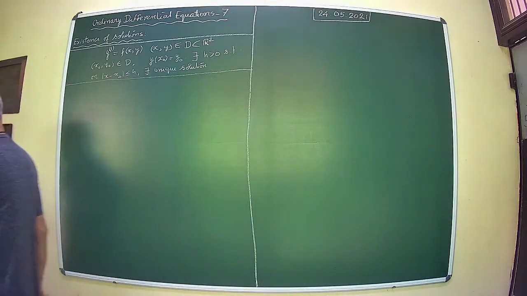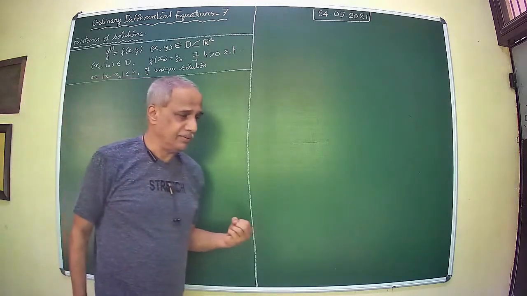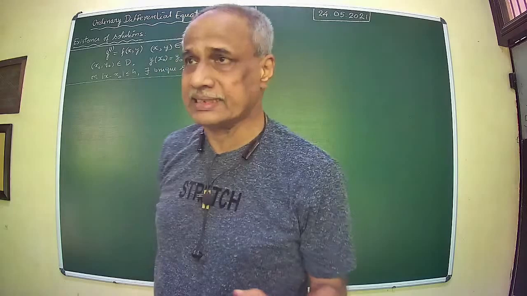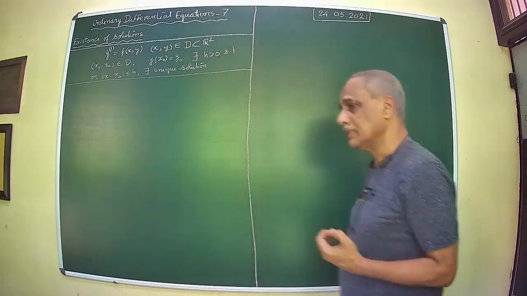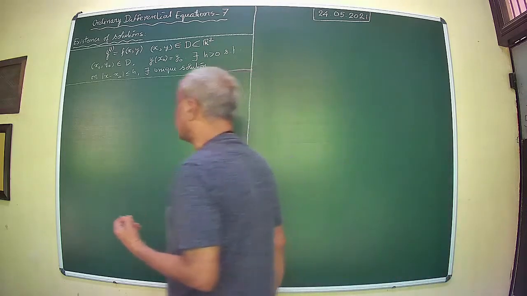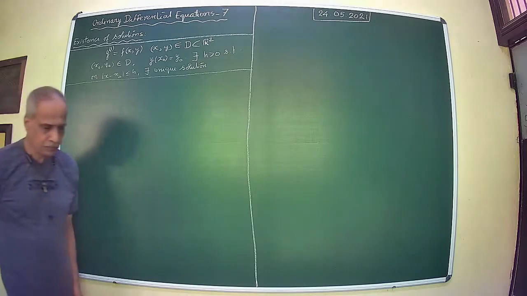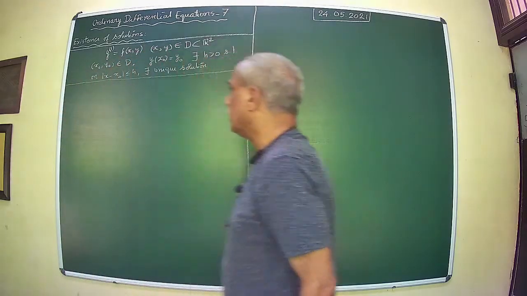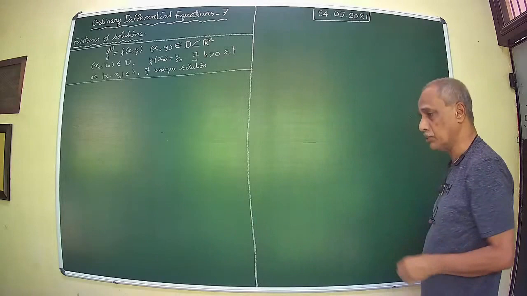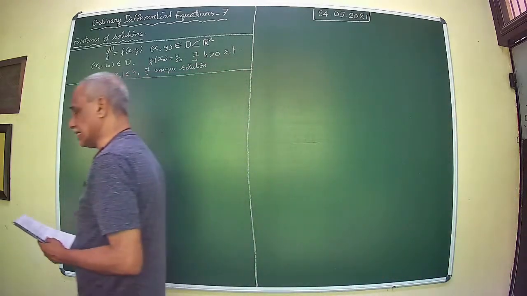Now we want to see, we have seen with an example that uniqueness is guaranteed only under certain conditions, like the Lipschitz condition. Now, suppose we knock out that condition, then what do you get? Do you still get the existence of the solution?